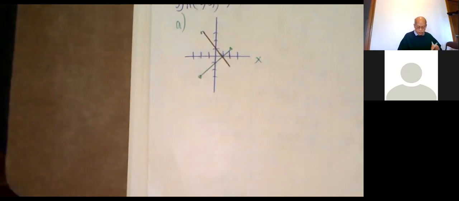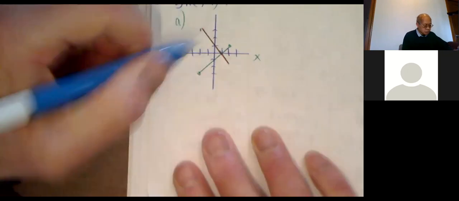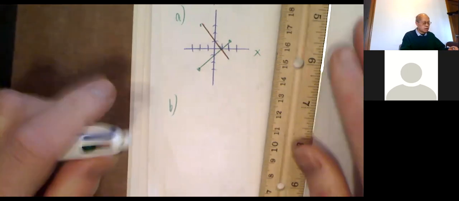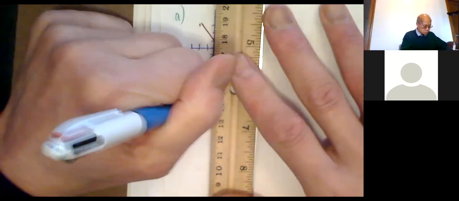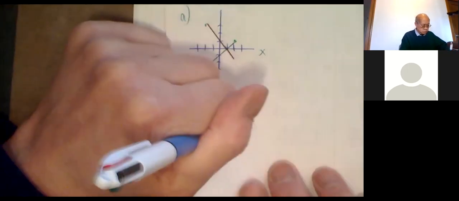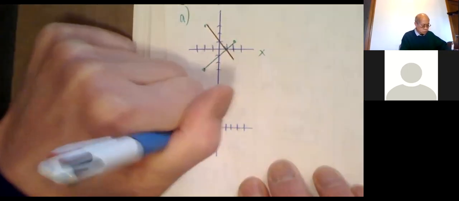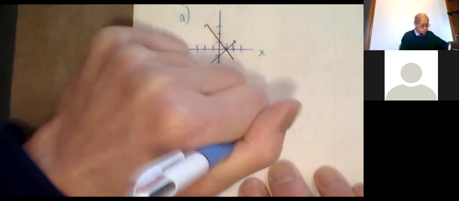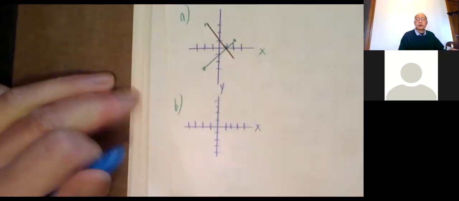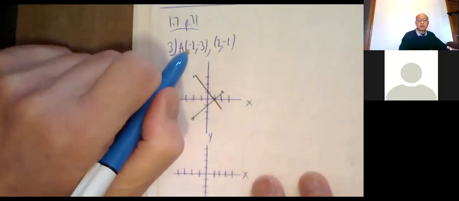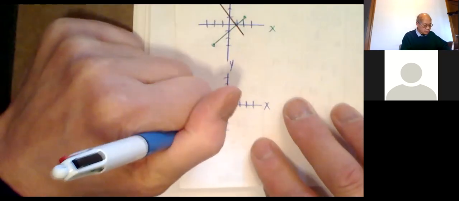Okay, and then B, they want the same thing, except the reflection about the y-axis. So start with the same picture. Okay, start with the same points. Let's see, it was negative 2, negative 3, like there.